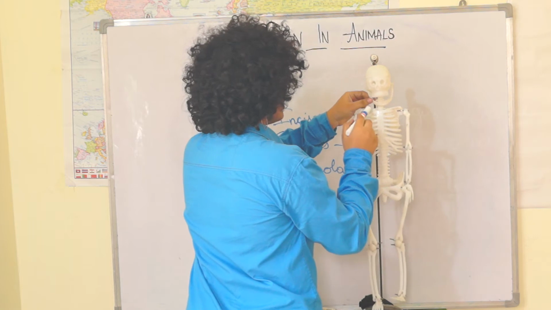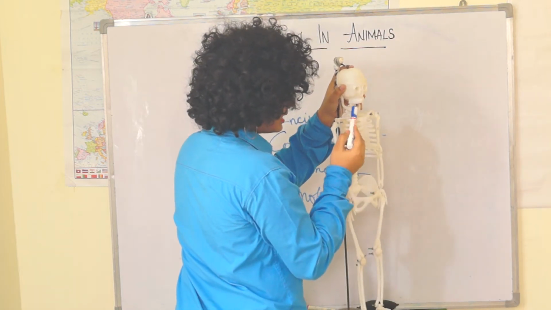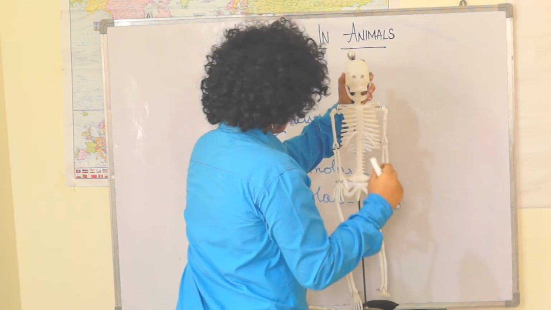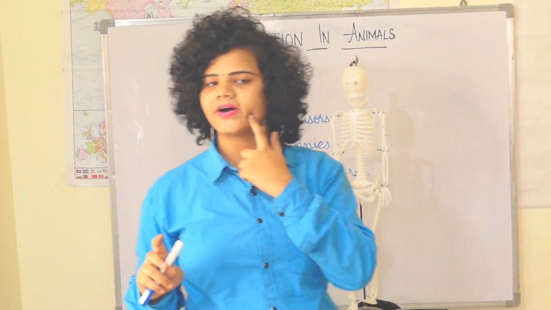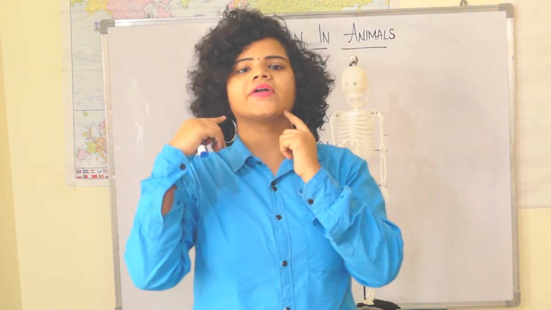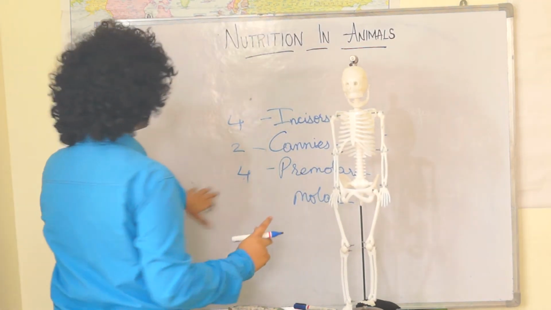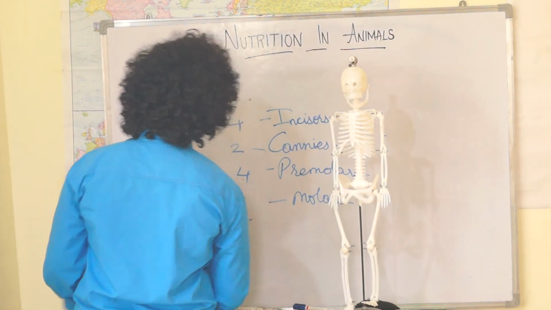You can see here very clearly the premolars of this model. So you have 4 premolars in the jaw. Here you have 2, and here you have 2. So totally you have 4. How many premolars do we have? 4 premolars and 6 molars.